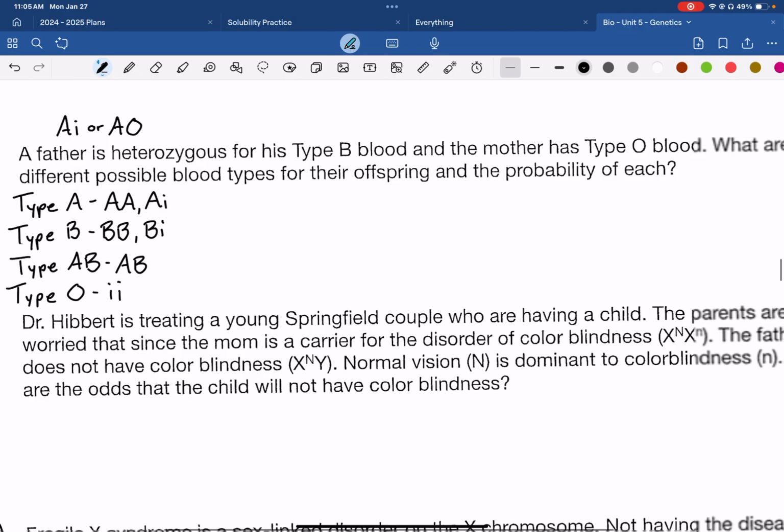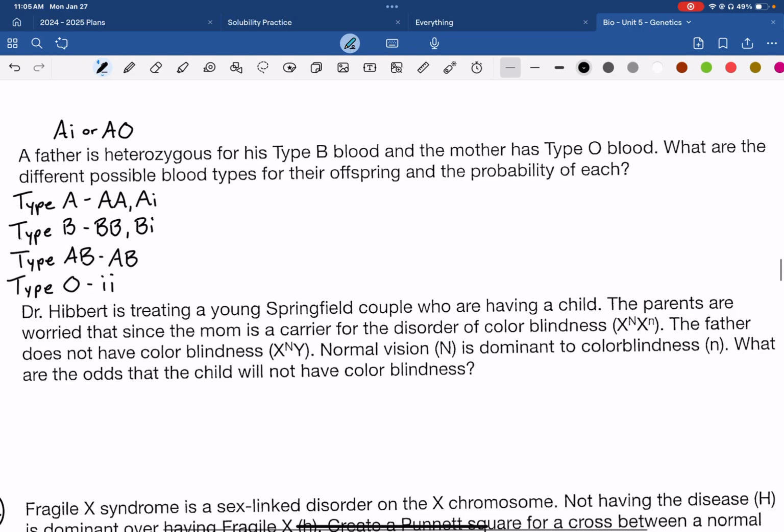So let's find out what the probabilities are if we cross a heterozygous type B blood type with a mother who has type O. All right, so what's the father look like? It says a father is heterozygous for his type B blood.